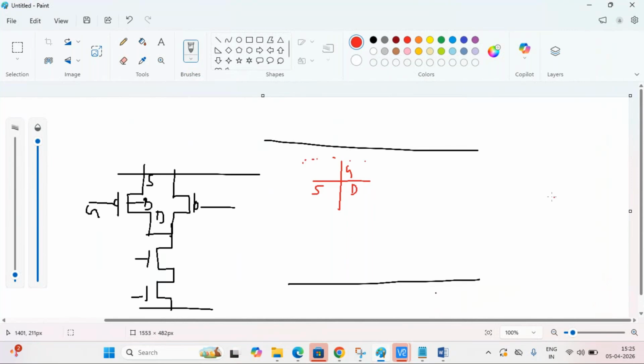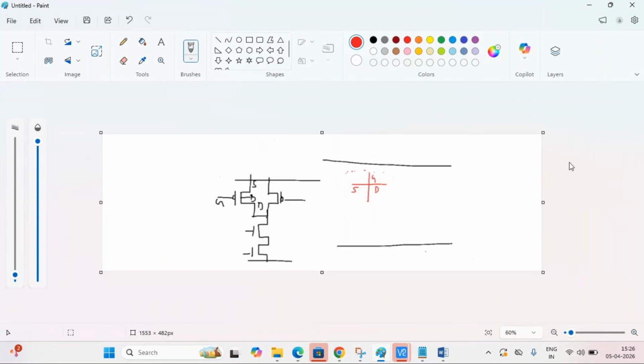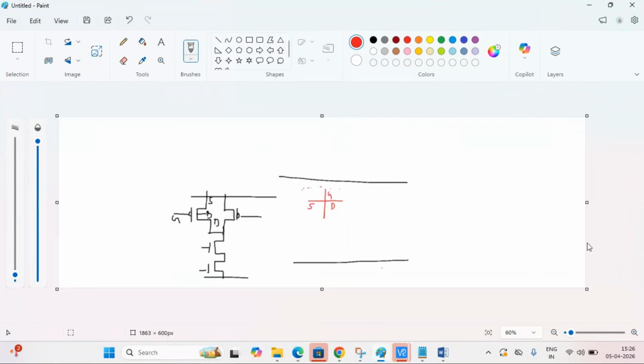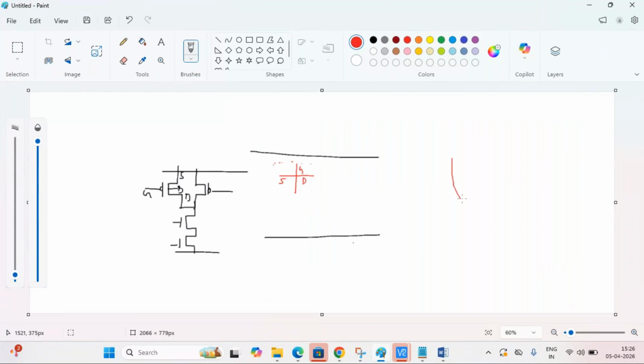Bulk means inside. If you look at a PMOS cross-sectional view, how will it look? Inside an N-well, which means an n-type semiconductor, P plus will be there.